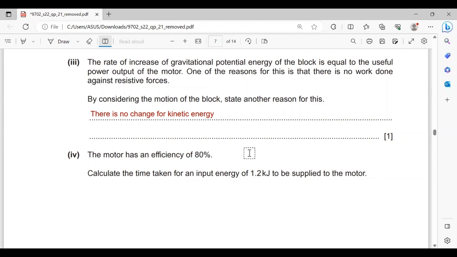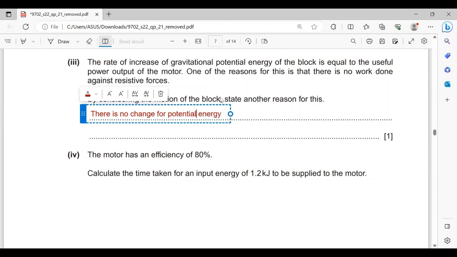Sorry, there's no change for potential energy, not kinetic. Sorry, I mean for potential energy. Okay.